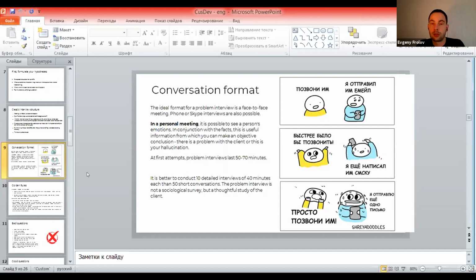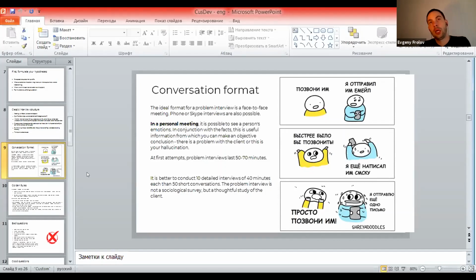But do not let these psychological blockers allow you or your co-founders to skip personal or Skype call interviews, because emails or SMS or Google questionnaires, whatever, don't work. They don't bring you the same value that a conversation can bring you.